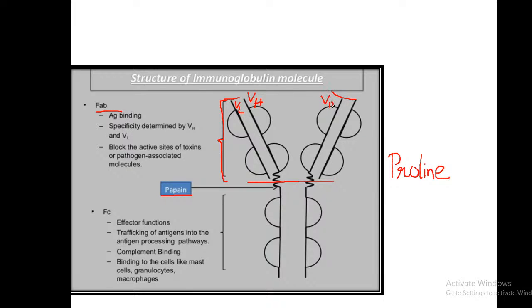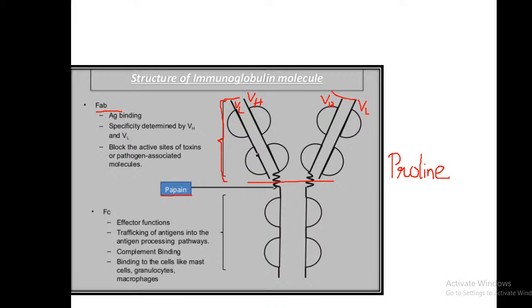This is just a summary of what was taught in the previous class. And this actually blocks the active sites of toxin, and the FAB part of the antibody is responsible for binding with the immunogen. I hope you remember, immunogen is a complete antigen.